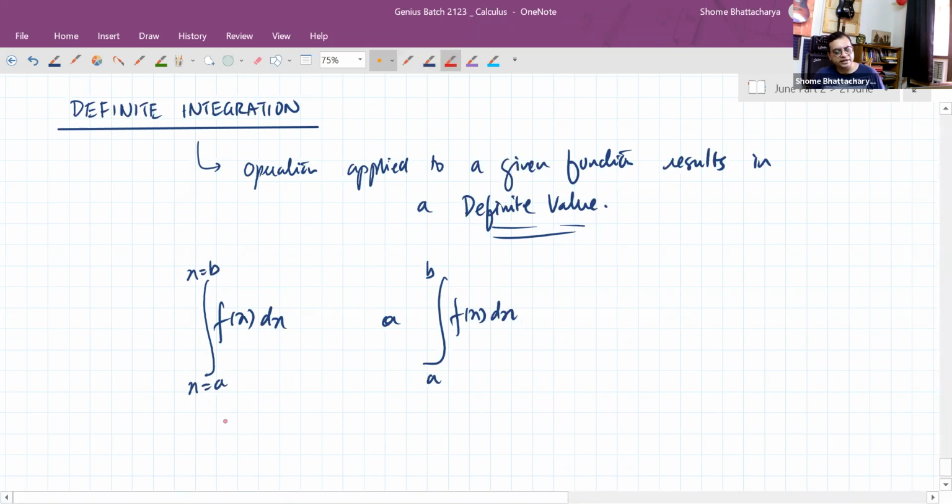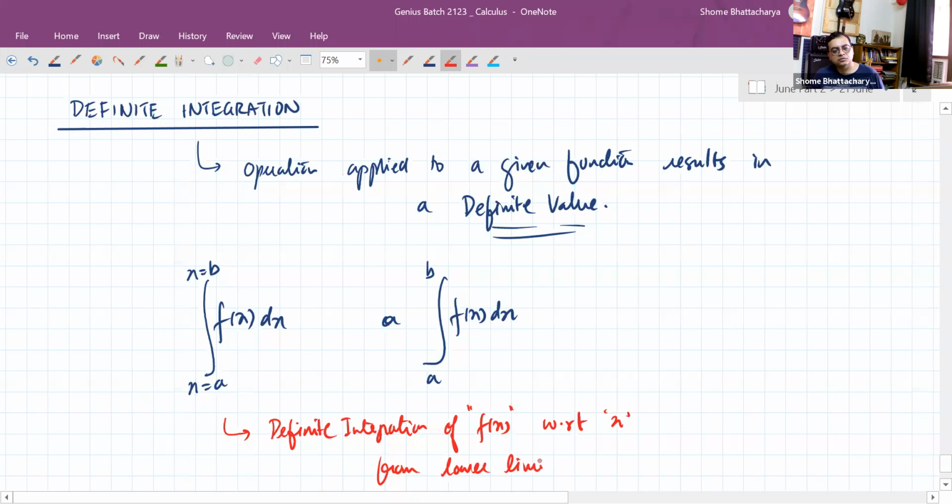So this symbol is read as definite integration of the function f(x), with respect to the variable x, from lower limit x equal to a to upper limit x equal to b. Okay.